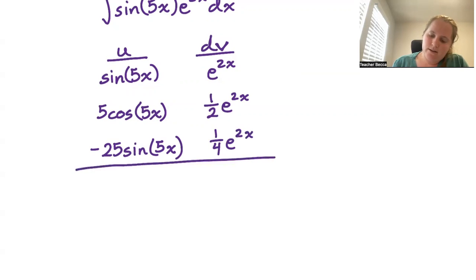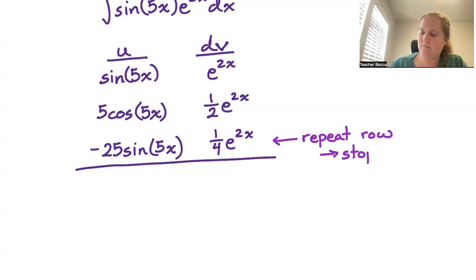So I'm going to again stop here. This is a repeat row, so we stop. We take our positive diagonal first product, second diagonal, we do the negative product, and we will add on the integral of that last row.